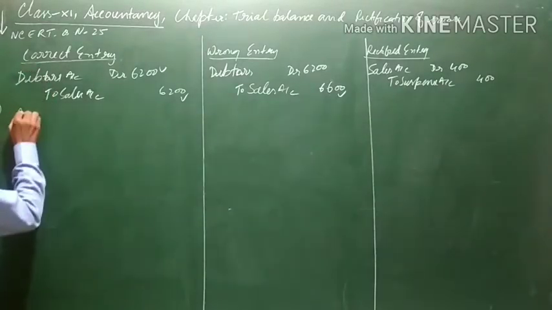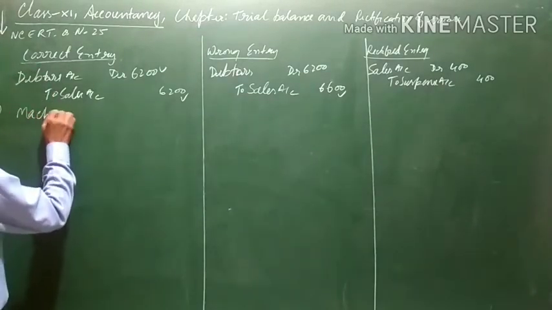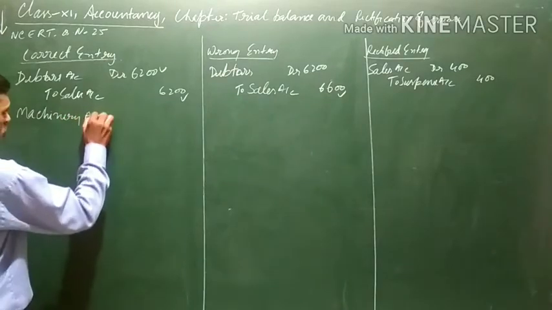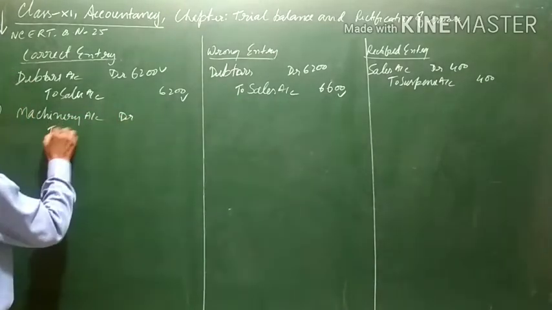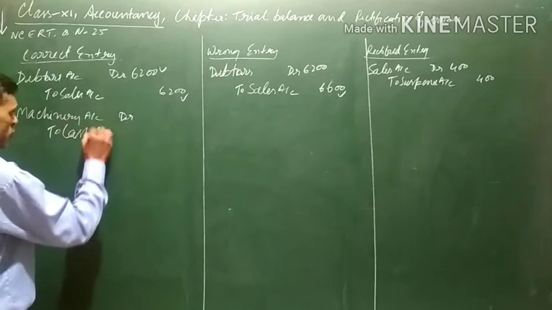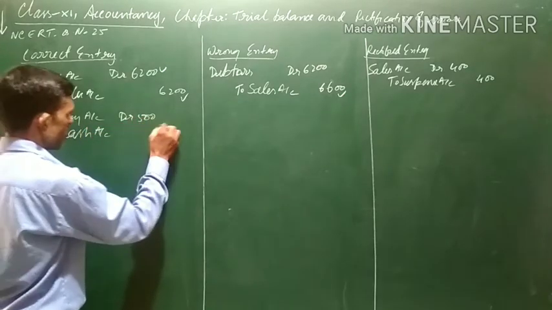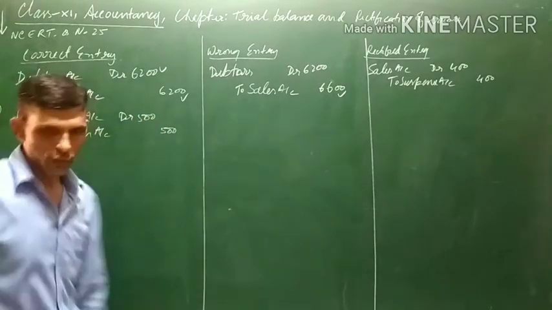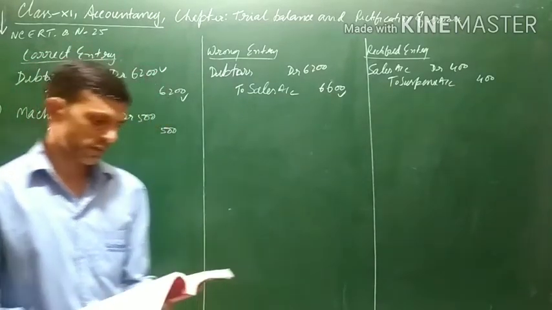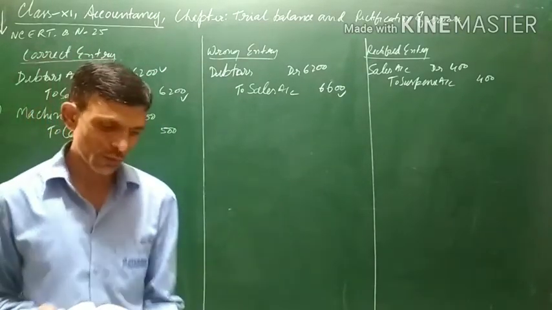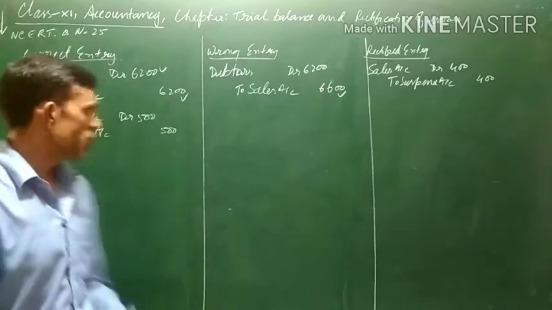The entry should be machinery account debit to cash account 500. Now this is the actual entry.